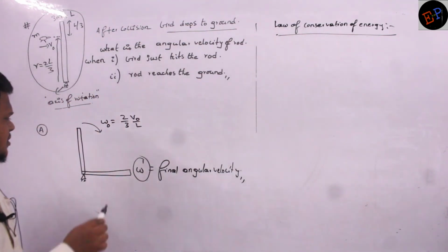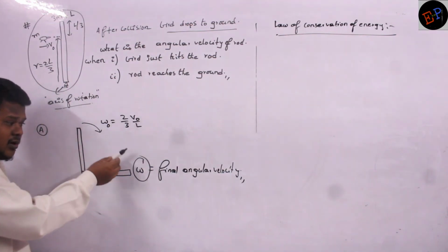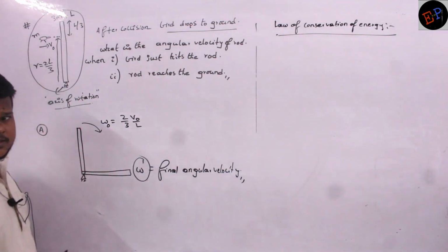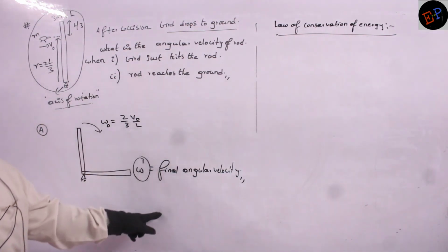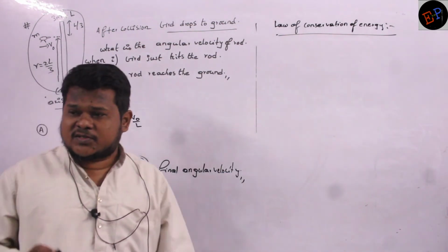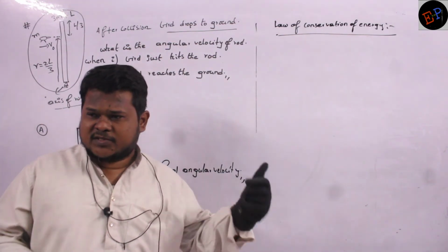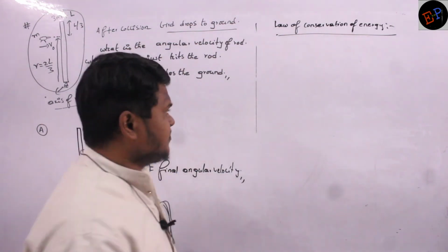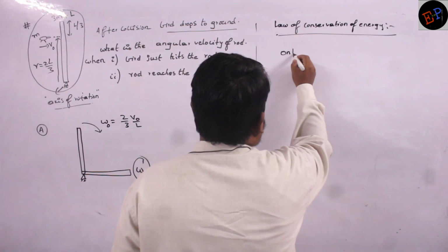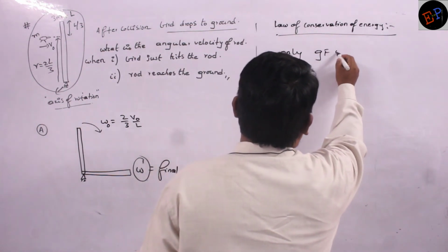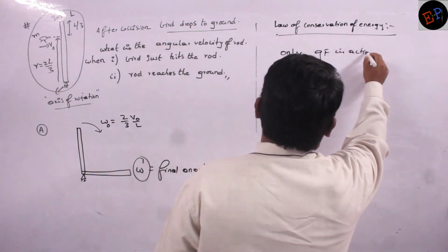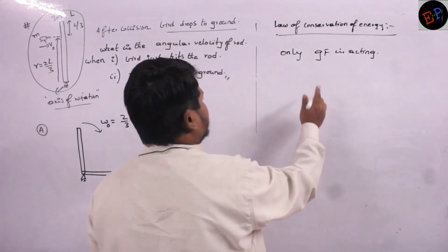Now if you see here, on this falling rod, which force is acting? Only gravitational force. And gravitational force is what kind of force? Conservative force.